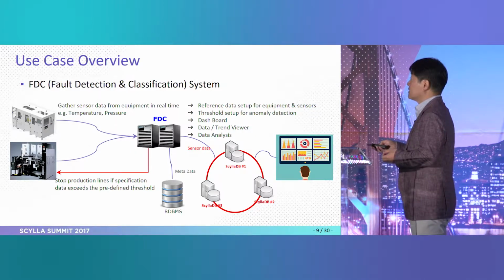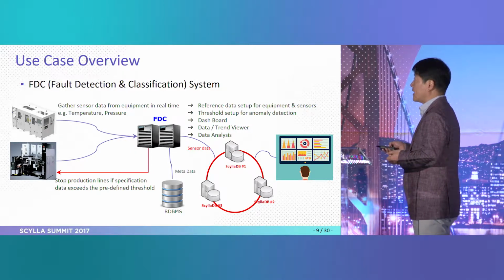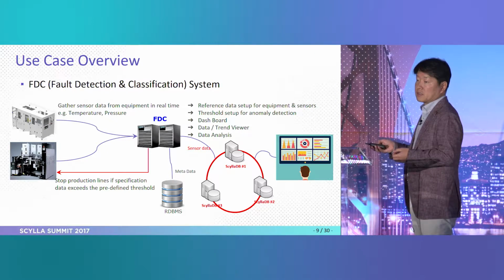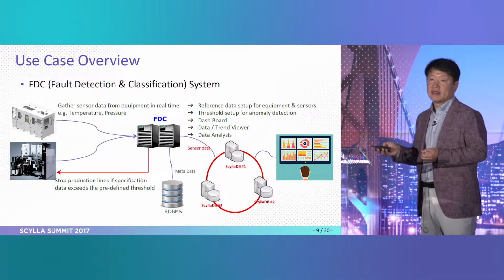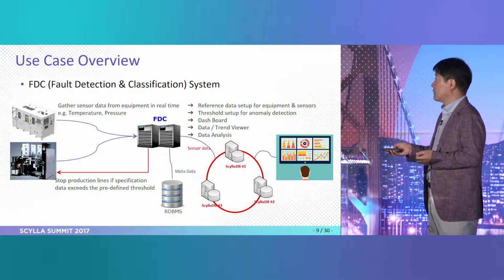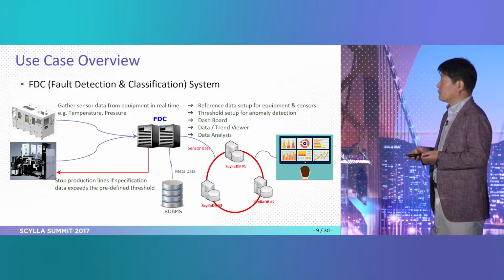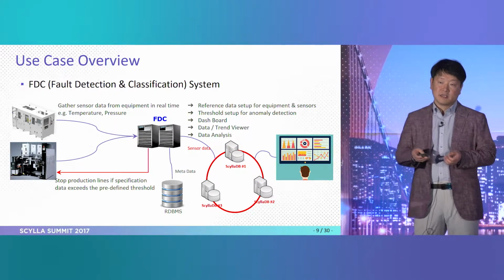Then the FDC system analyzes and monitors the data. And if abnormal data is found, the FDC system stops the production line to enhance the yield.